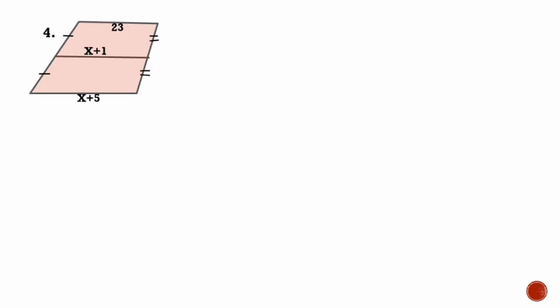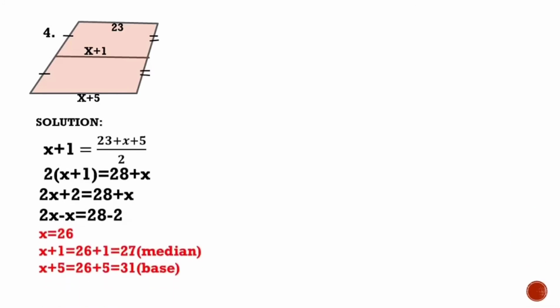So given the figure, we are to find x and of course the length of the median and one of the bases. So for our solution, let us first solve for x. So we use the formula for the median, which is equal to half the sum of the lengths of the bases.